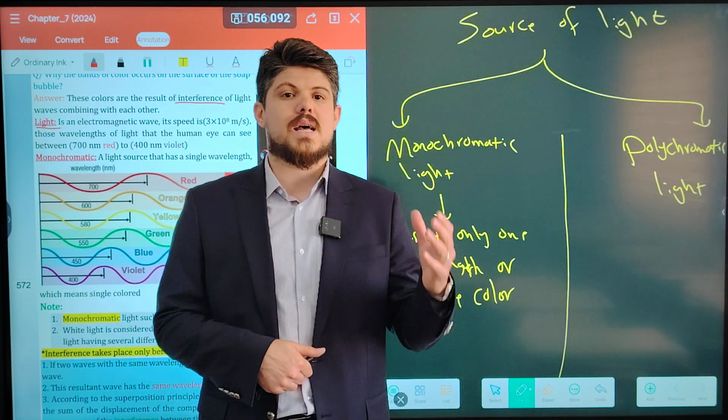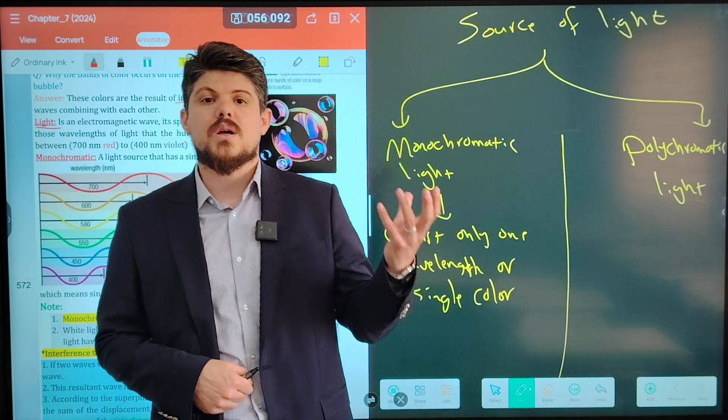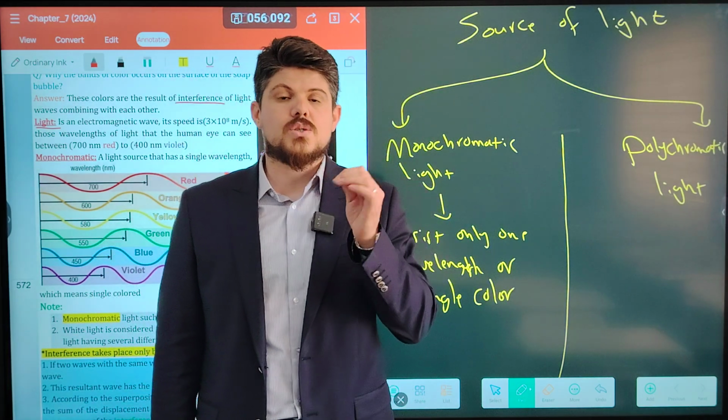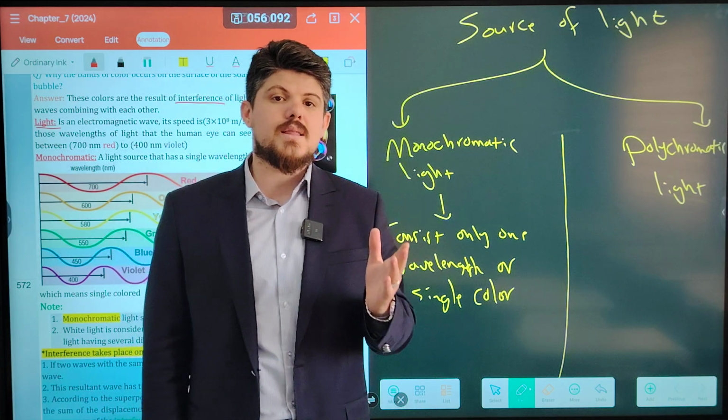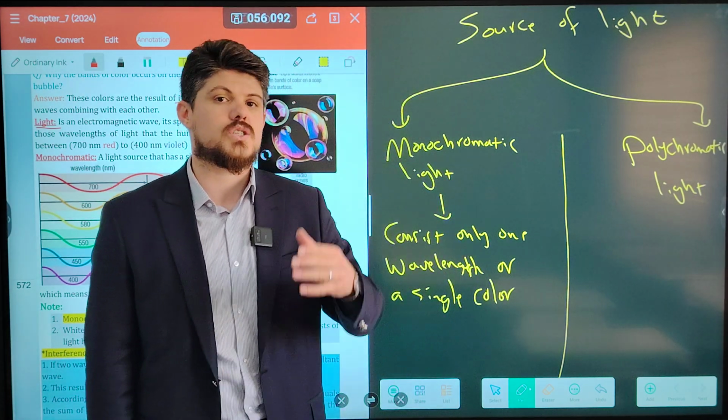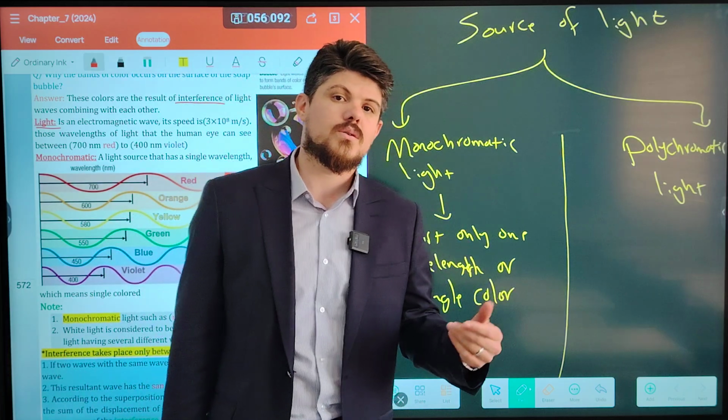So monochromatic light has only one color, only one wavelength, such as red, green, yellow.